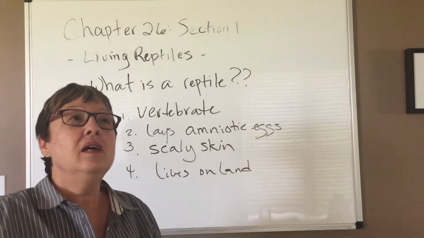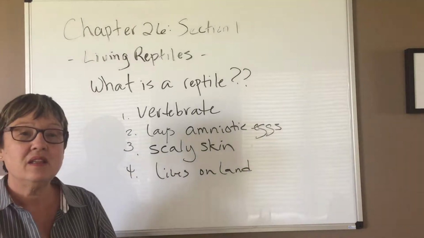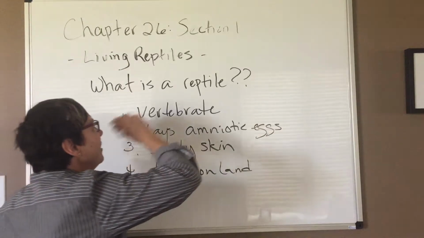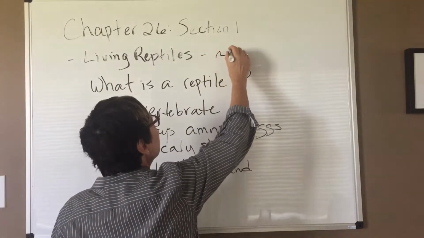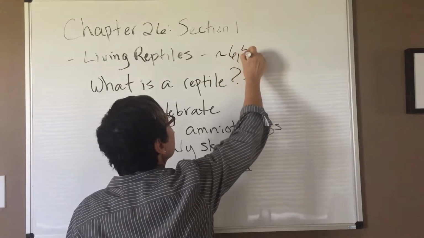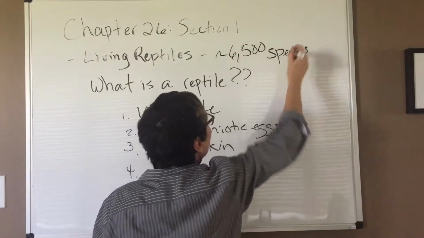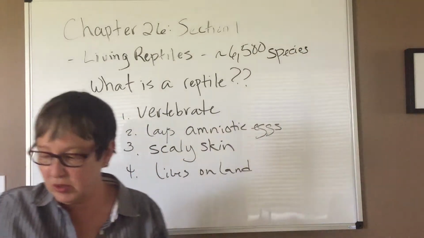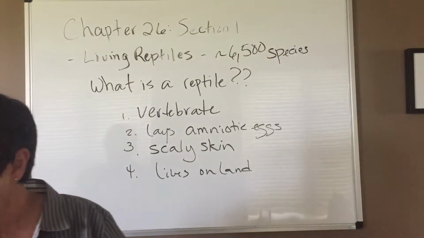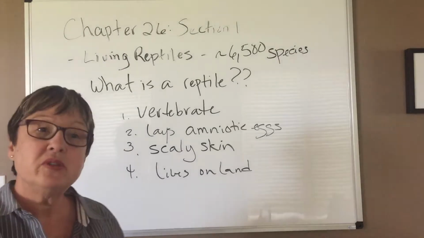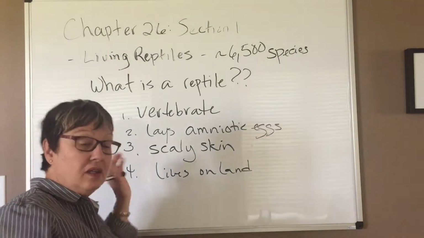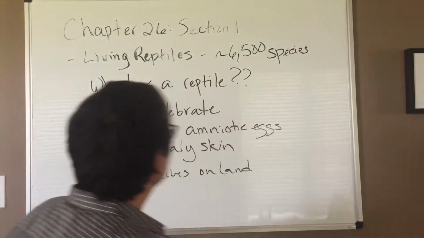Within this particular class, class Reptilia, there are a little bit more than 6,500 species, but we'll say it's right at that number. I'm sure it's more by now. And there are 3 groups within this class.